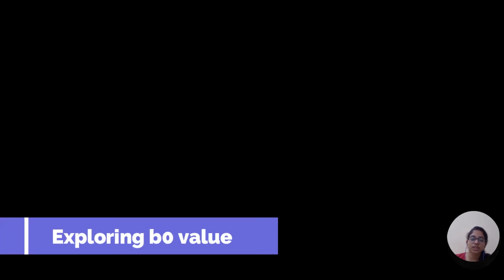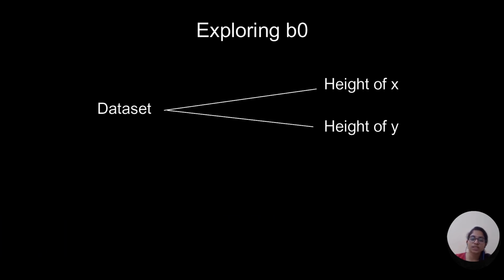For example, we have a data set that relates height as x and weight as y. Taking x equal to 0, that is height as 0, makes the equation have only the b0 value, which is completely meaningless, as in real life height and weight can never be 0. This results from considering model values beyond its scope.